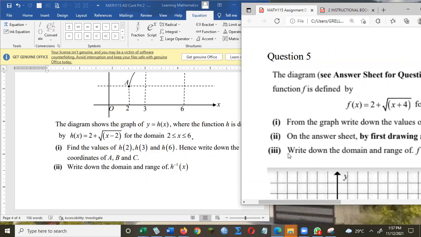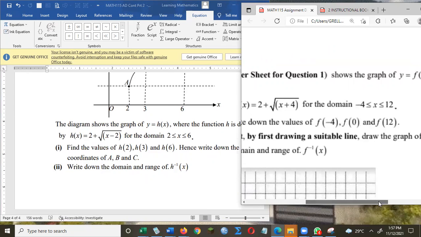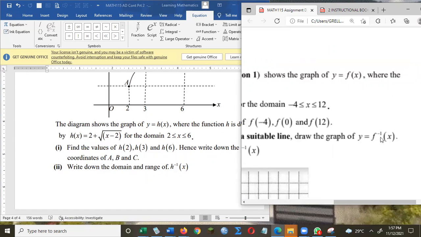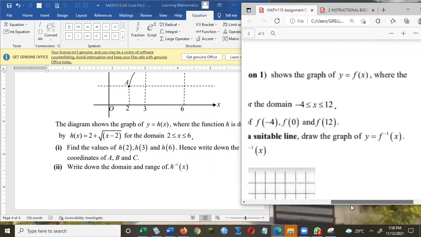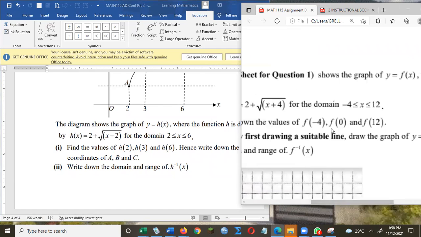There is supposed to be a part 3 for number 5, so we will put part 2 because we have to draw, on graph paper, a suitable line to show the inverse of h, after we find h of 2, h of 3, h of 6. All right. Just like the question in number 5 says, find f of negative 4, f of 0, f of 12, our example says, find h of 2, h of 3, h of 6.